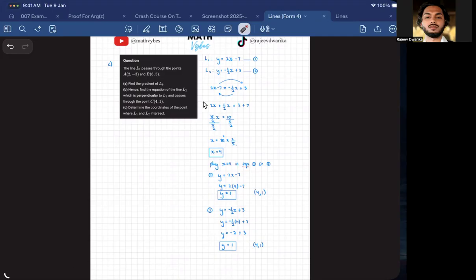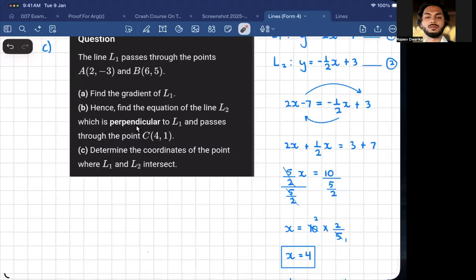Yeah, so Perseus, you want me to explain part C? Yes, sir. All right. So anytime they ask you for the coordinates of the point of intersection, that means you have to solve simultaneously. Now, I won't get to cover simultaneous equations in its entirety today, but it's a general process.